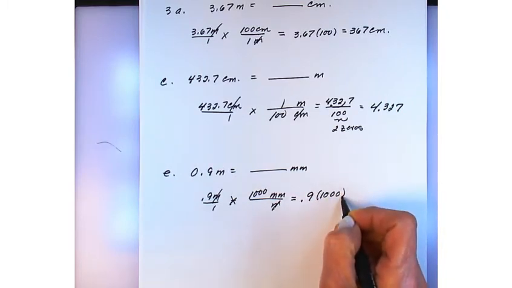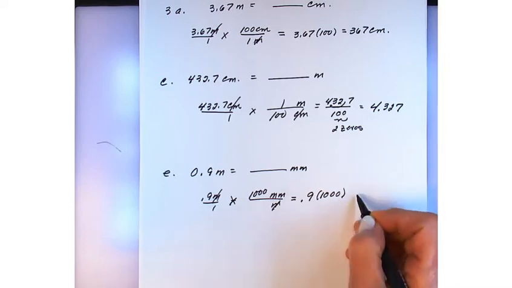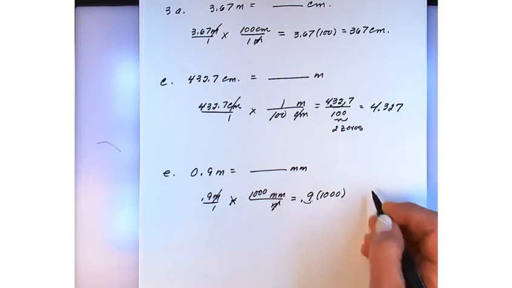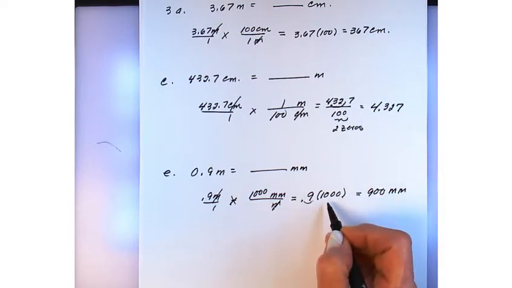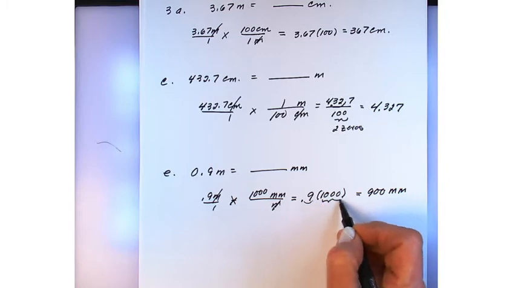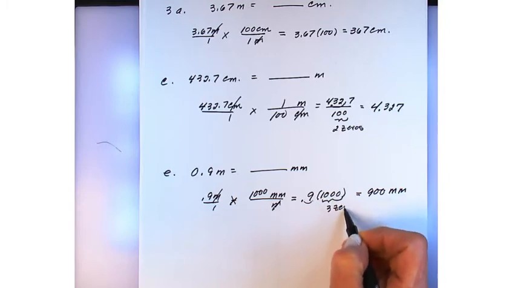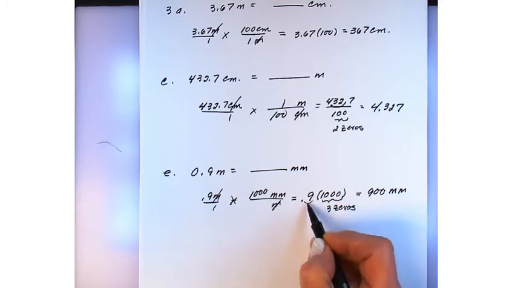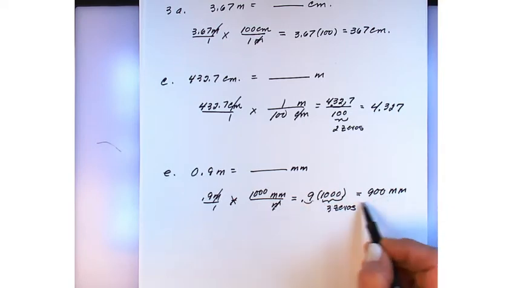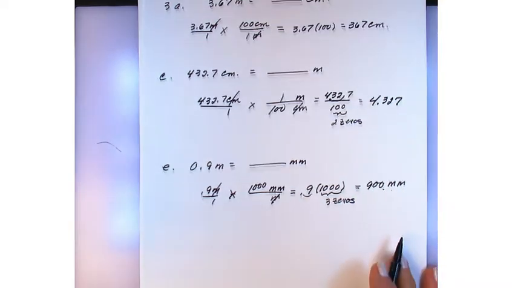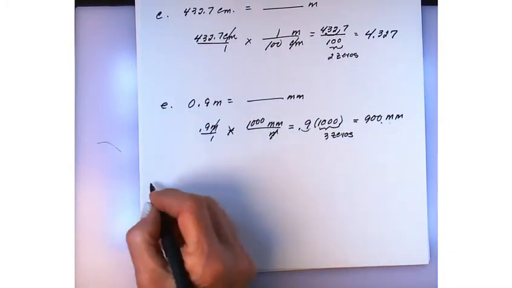I have 3 zeros here, so I have to move my decimal point 3 places to the right, and when I do that, I get 900 millimeters.